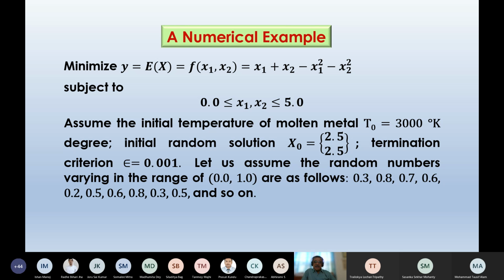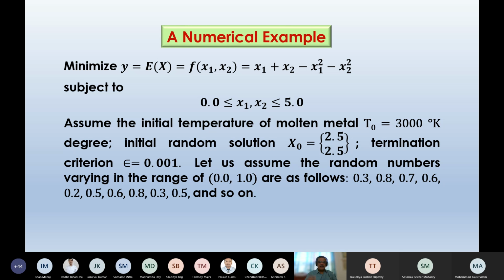Assume the initial temperature of molten metal T naught is equal to 3000 degree Kelvin. Initial random solution X naught, say 2.5 and 2.5, lying within 0 and 5. Termination criteria epsilon 0.001.